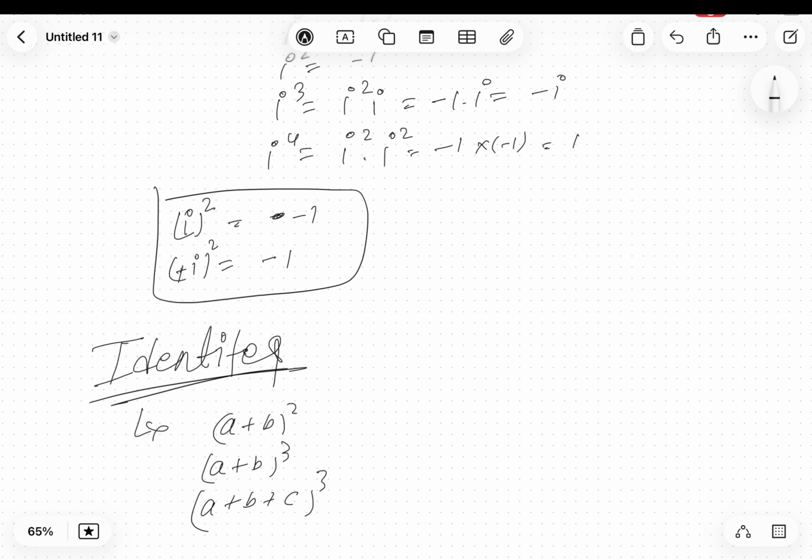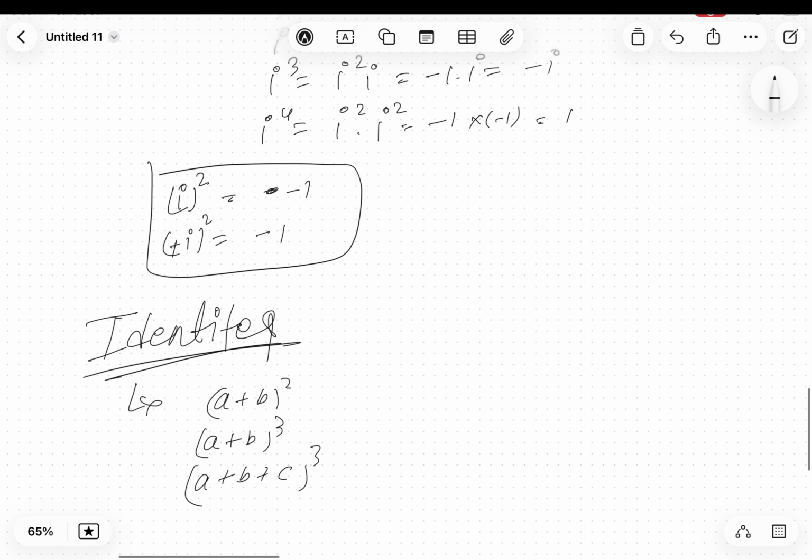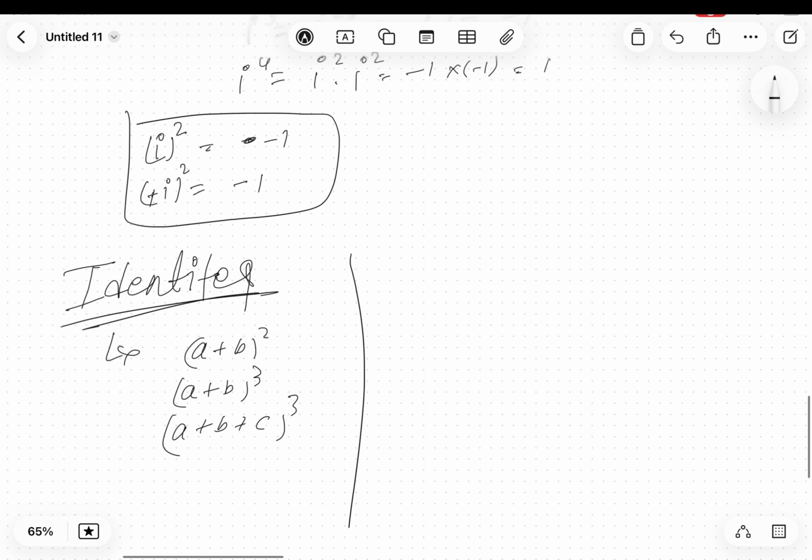So it's very similar to this. If you want, I can tell you that suppose we have z1 and z2. We have to find what is (z1 plus z2) whole square, and what will be the whole square of (z1 minus z2)?